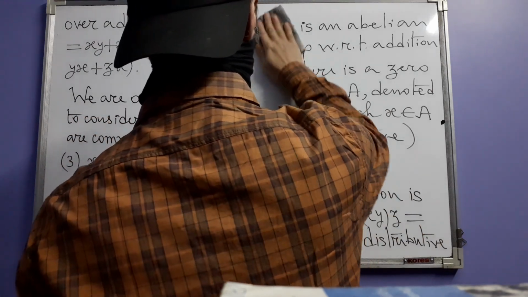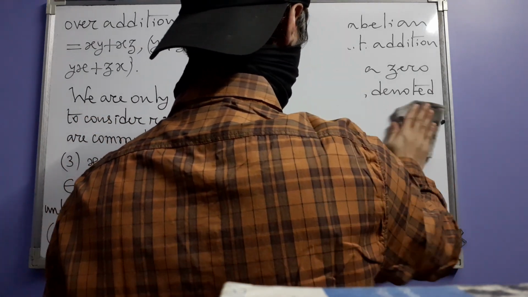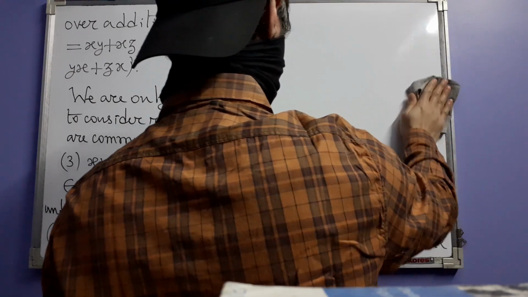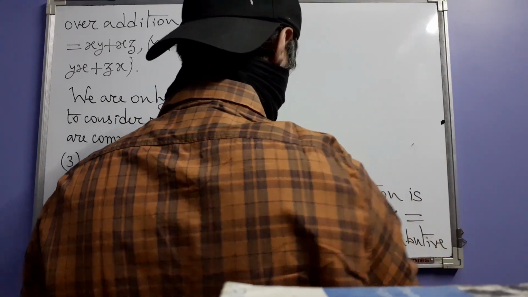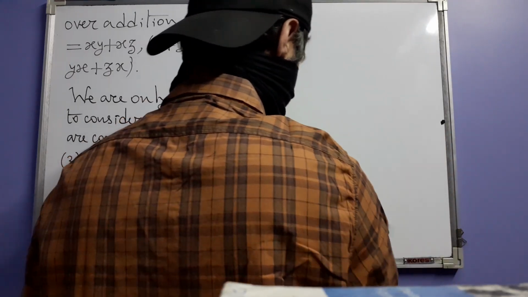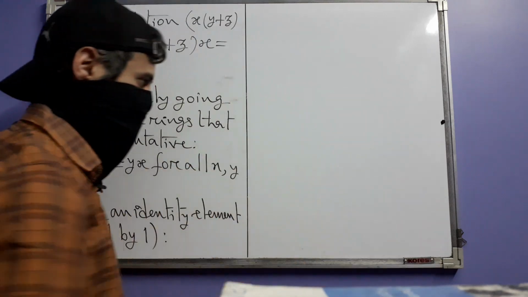And what does that mean? What do we mean by an identity element and a ring having such an element? It means this.